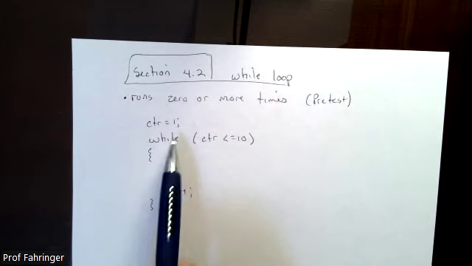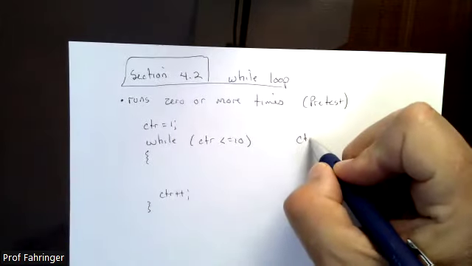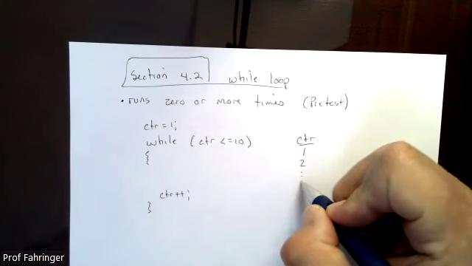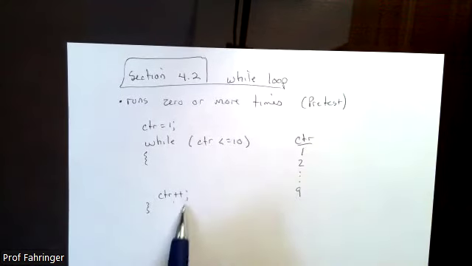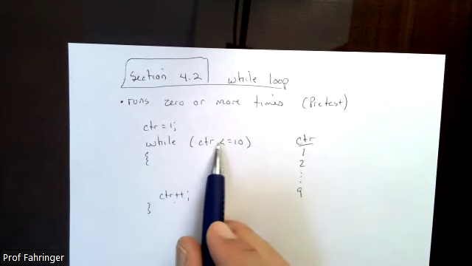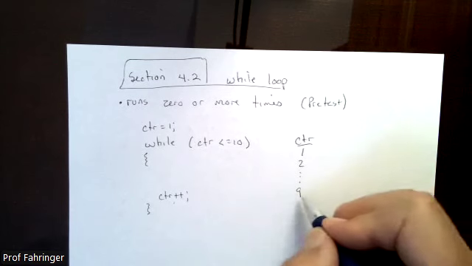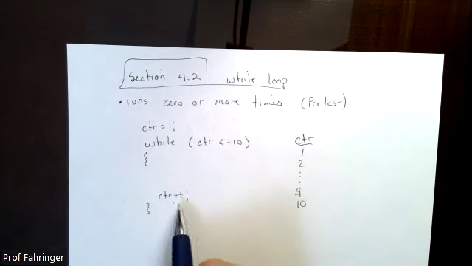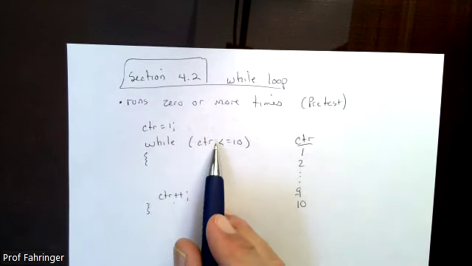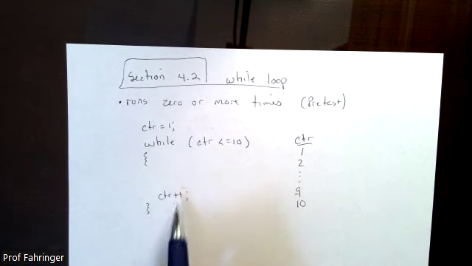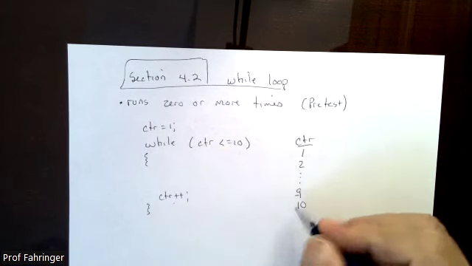That's still true. It started at 1, we went 2, we're down to 9. I missed the equal sign. Yeah, so this is still true. So it'll stay in. It becomes 10. This is still true. So it would come in again, and now counter becomes 11.